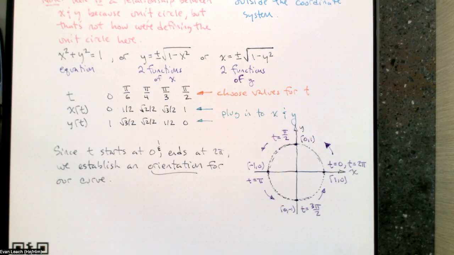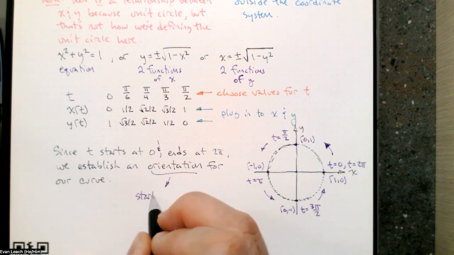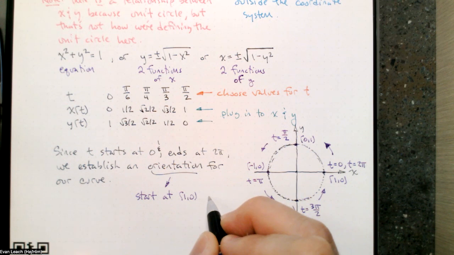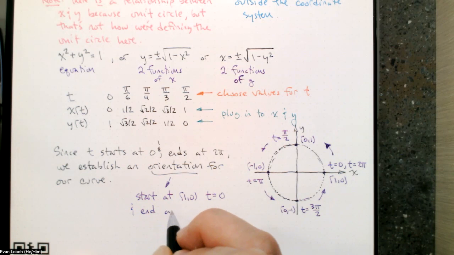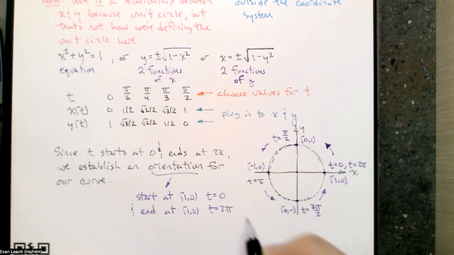So it's more than just drawing the figure of the circle. We're establishing some direction on the circle, some orientation on the circle. In particular, that orientation says start at 1, 0 when t is equal to 0, and end at 1, 0 when t is equal to 2 pi.